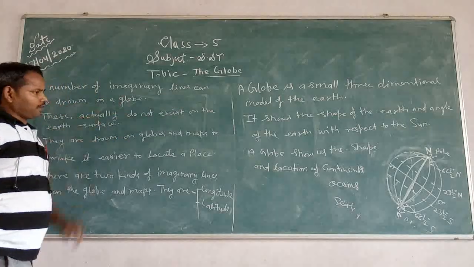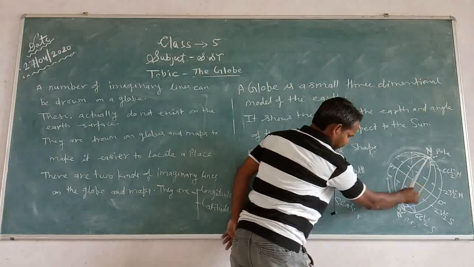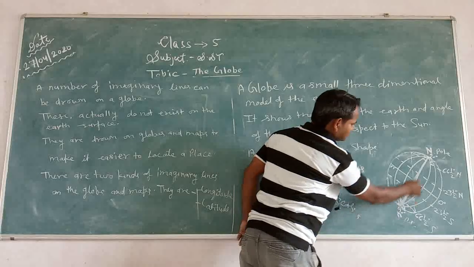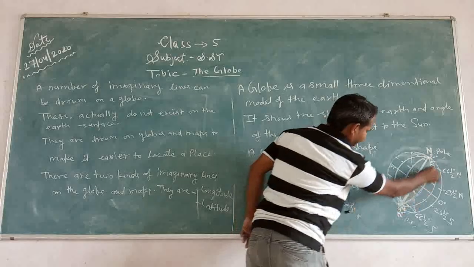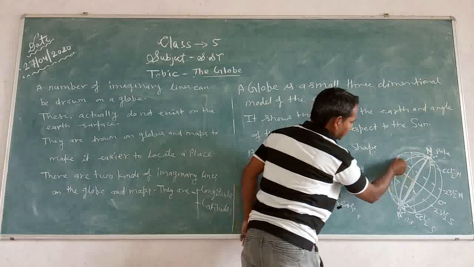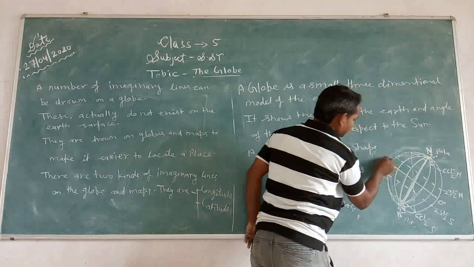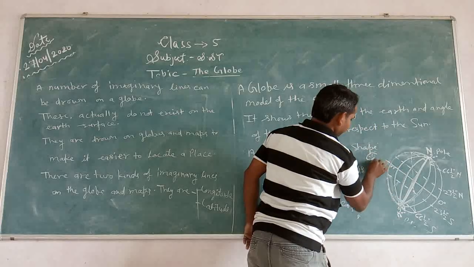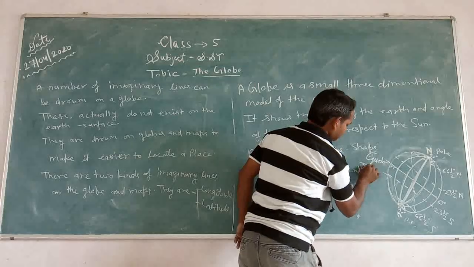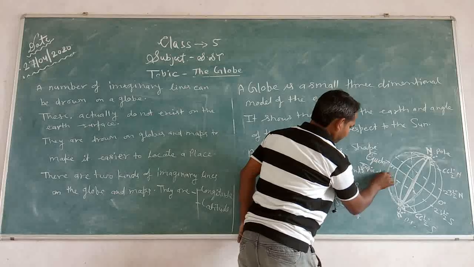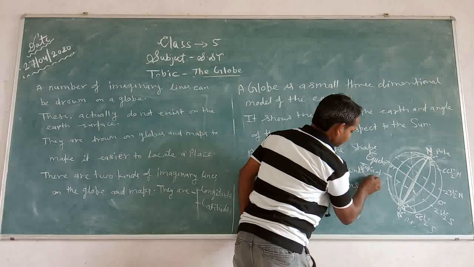Imaginary lines such as the 0 degree prime meridian, other longitude lines, and horizontal lines: the 0 degree equator, the Tropic of Cancer, sorry, the Tropic of Capricorn.